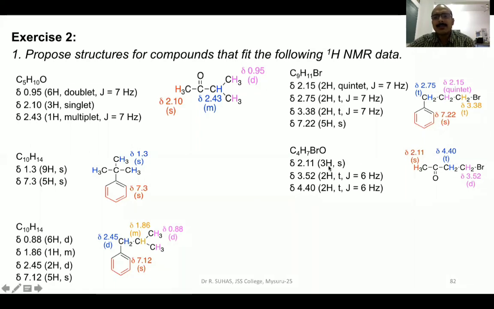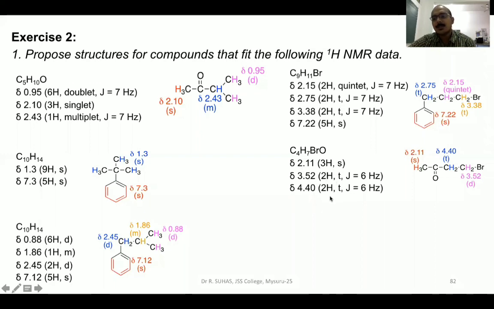Simply by observing this, 3H singlet refers to a CH3 group without any neighbor, and hence you are going to get a singlet. And there is a hint or clue that these two protons are neighbors because they have the same coupling constant of 6 Hertz. So 2H refers to CH2. Now we have got 3: one is CH3, one is CH2, another one is CH2.